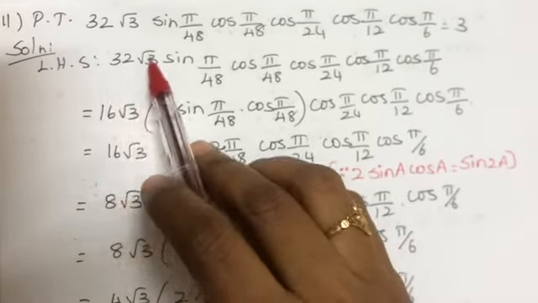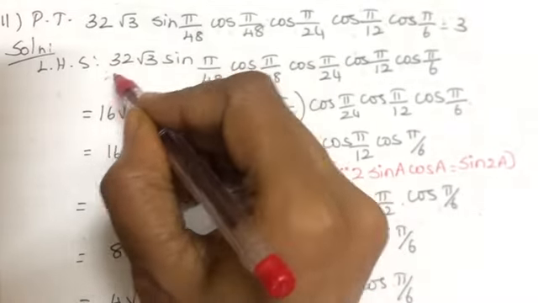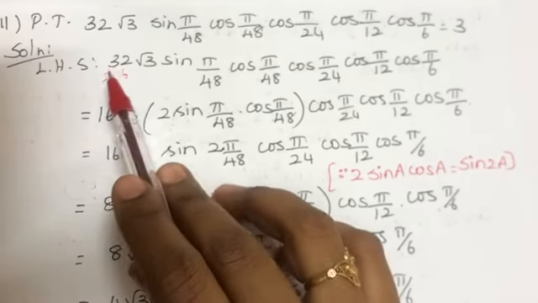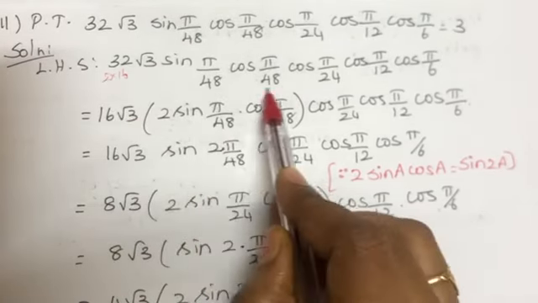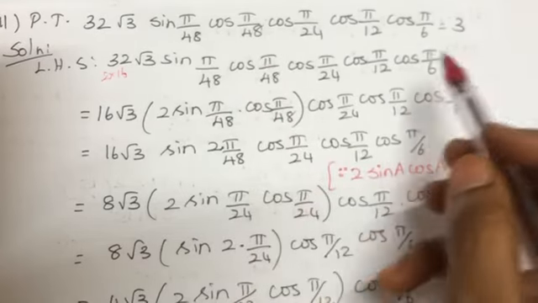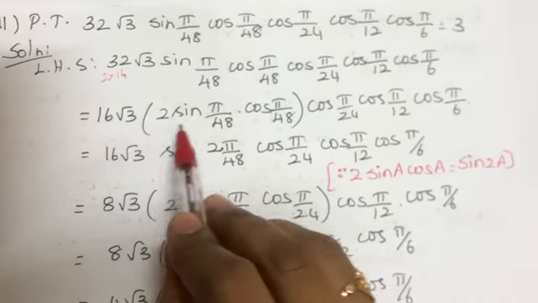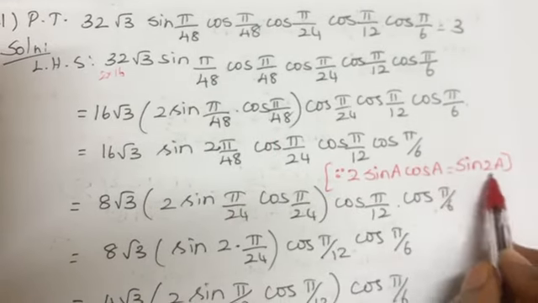I write 32 as 2 into 16. So, 16 root 3, I join this 2 with the expression, the sin pi by 48 and cos pi by 48. So, 2 into sin pi by 48, cos pi by 48. Remaining terms will come as it is. So, 2 sin theta cos theta, that is equal to sin 2 theta.